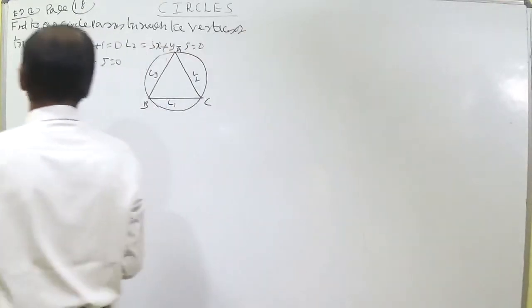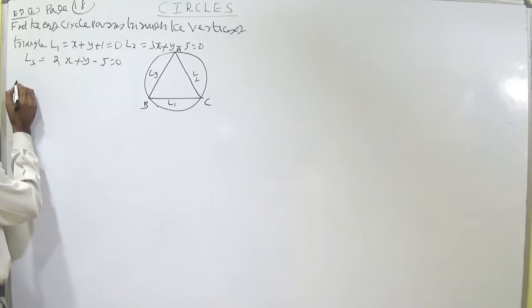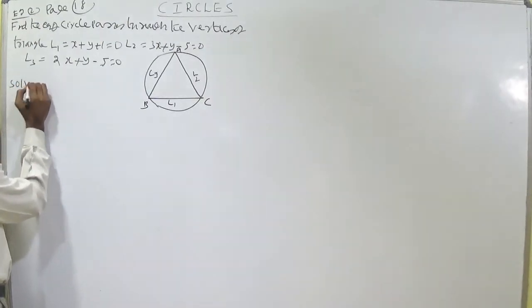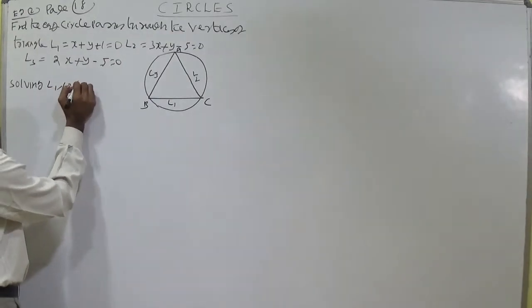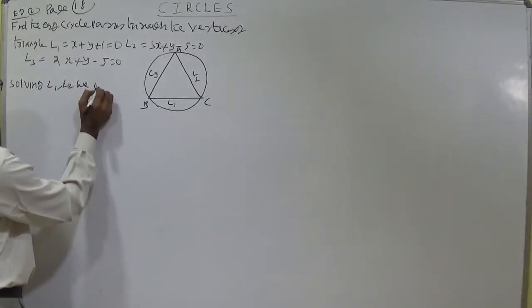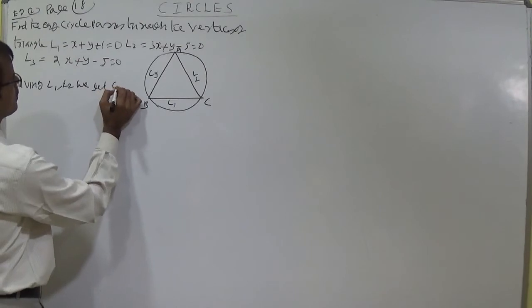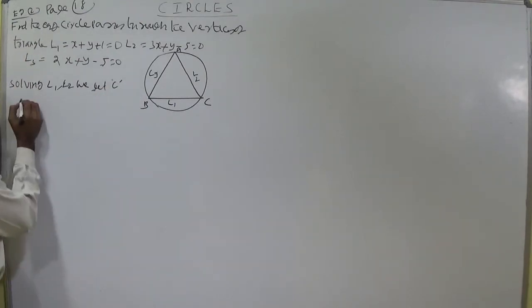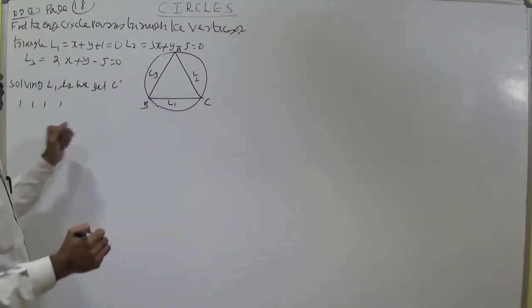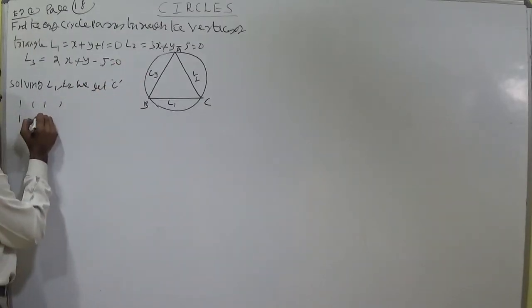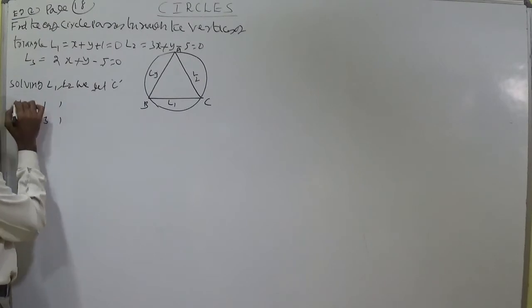Now I am writing here, solving L1, L2, we get C. Here I am writing 1, 1, 1, 1. Next 1, minus 5, 1, minus 5, 3, 1.